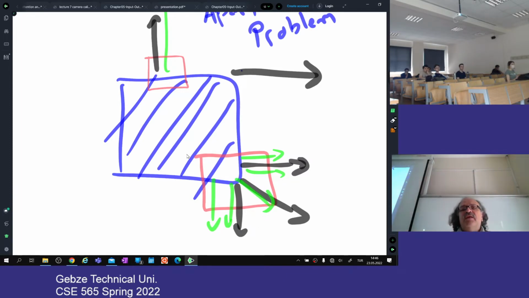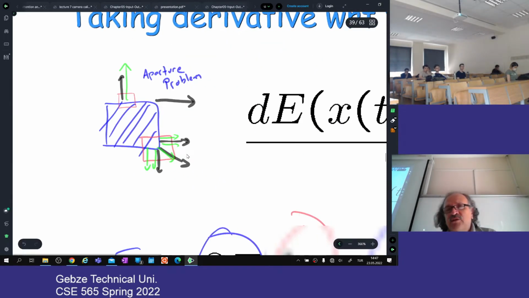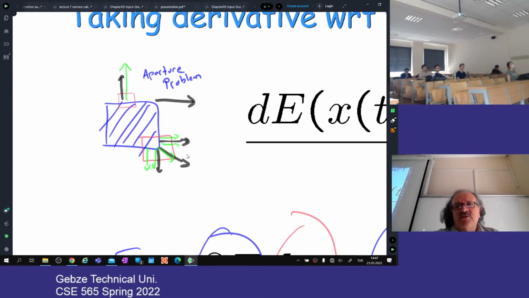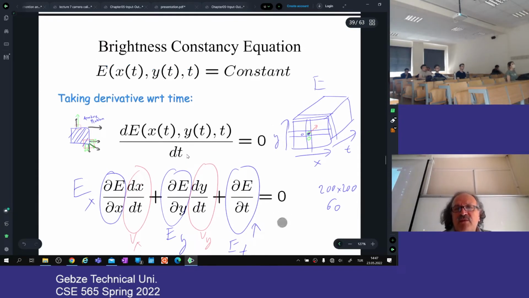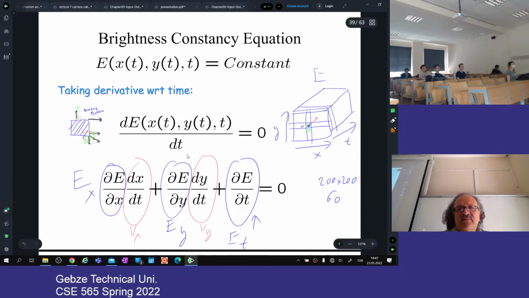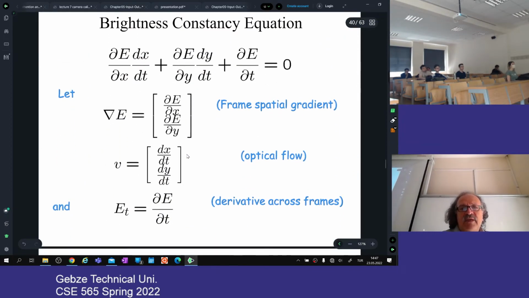What does that mean? It means that for a given image patch, if you can find a corner, then you can solve the optic flow problem there. If you cannot find the corner, then you won't be able to find the optic flow. That's what the aperture problem says. Intuitively, it looks that way, and our algorithms are going to do the same thing too. So we have this equation.